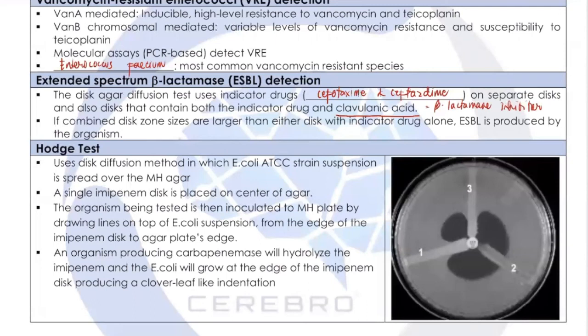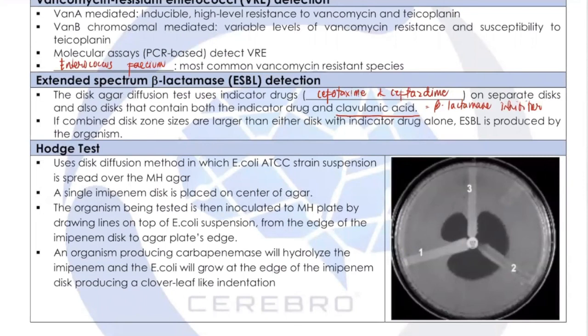Because there is clavulanic acid that inhibited the beta-lactamase. So, if the zone of inhibition for the drug is larger than the indicator drug alone, then ESBL is present.